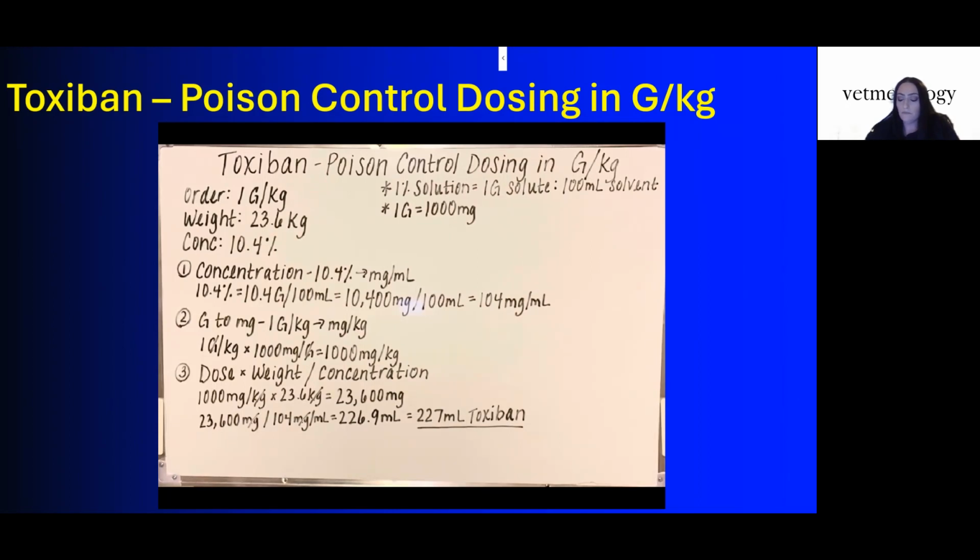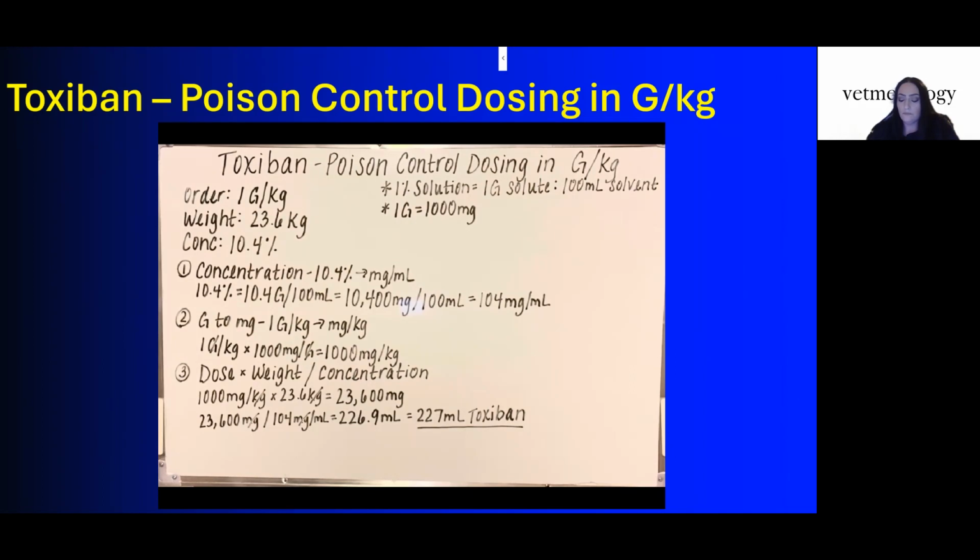So 10.4% is equivalent to 10.4 grams per 100 mLs. We get 10,400 milligrams per 100 mLs and divide that to get 104 mgs per mil. Secondly, we need to go ahead and convert grams to milligrams. So 1 gram per kg needs to go into mgs per kg. So 1 gram per kg times 1,000 milligrams per gram gives us 1,000 mgs per kg.